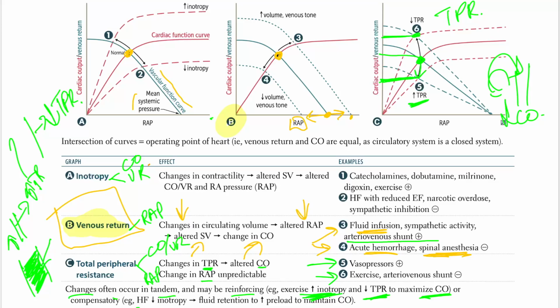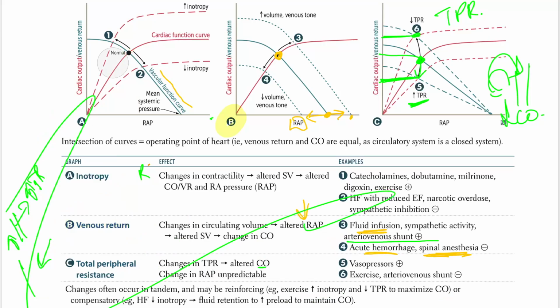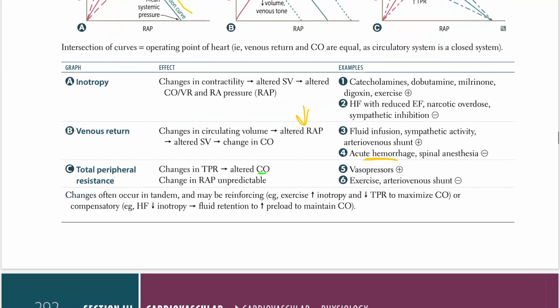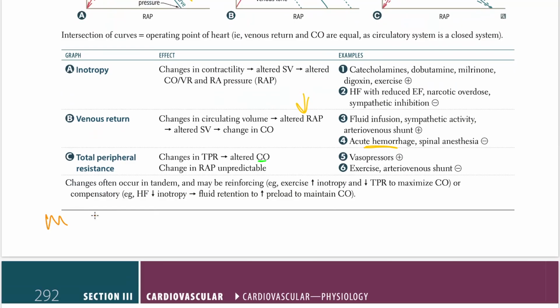But one extra thing that we want to look at is, let's just write it here. In order to maintain the blood flow, blood flow in the pulmonary circulation must match.